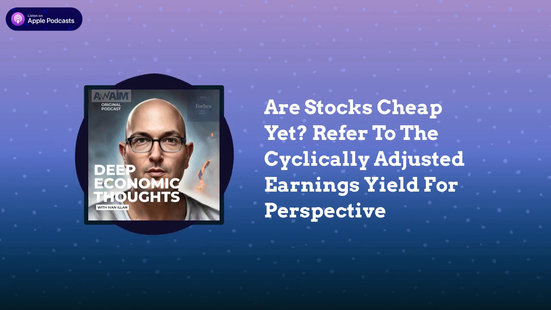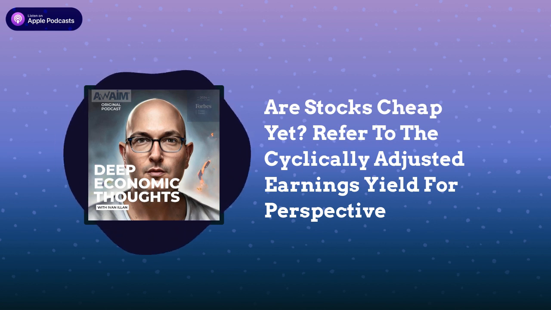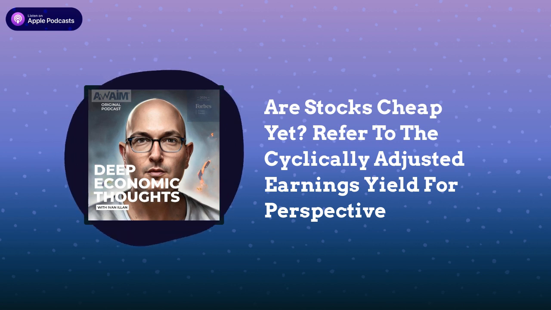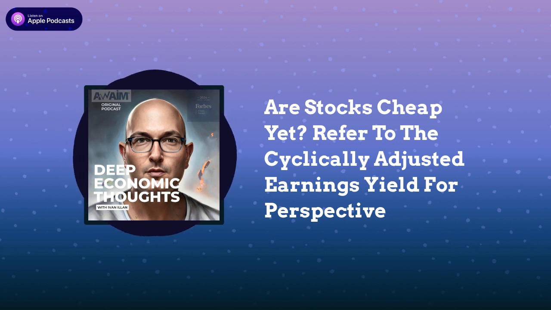All you have to do is take the price earnings ratio, which right now in the S&P 500 is close to about 27 or so, and you just invert it. So you take 1 divided by 27. Whatever the PE ratio is, just take the reciprocal of it. In doing so, that gives you a percentage, and that percentage is the earnings yield.